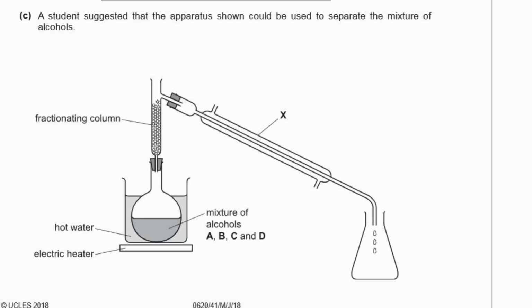This is our fractionating column, which slows down the evaporation, so the alcohol can condense into this little tube and then drip down into being collected in the flask.